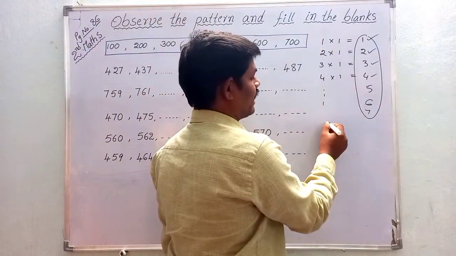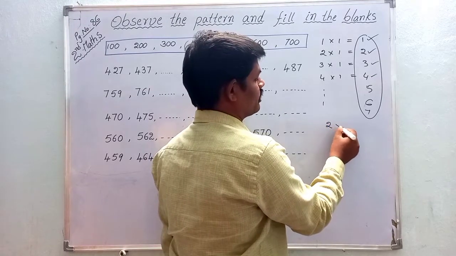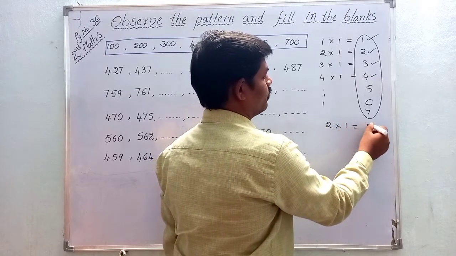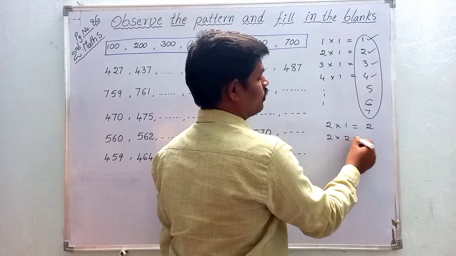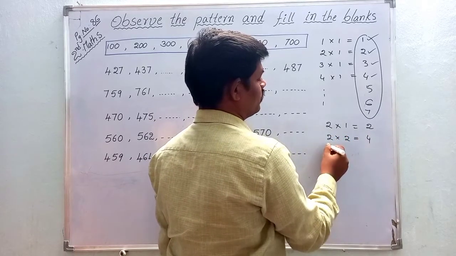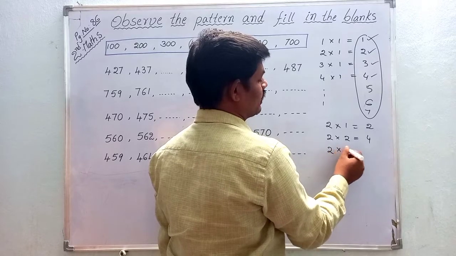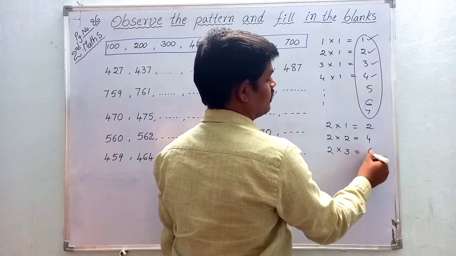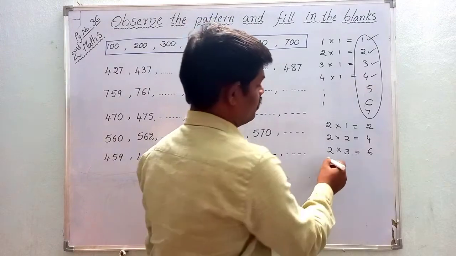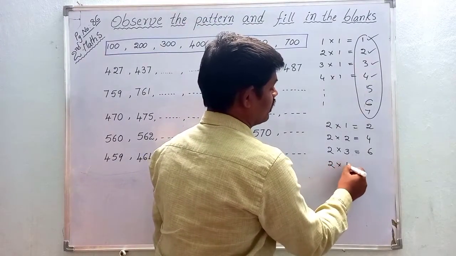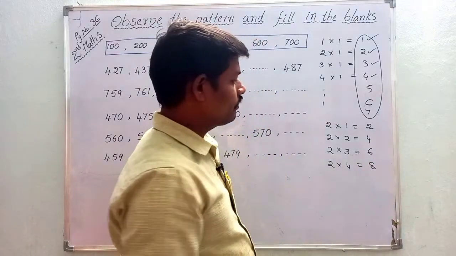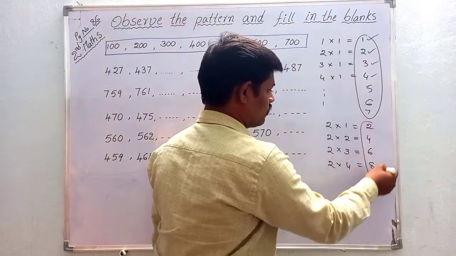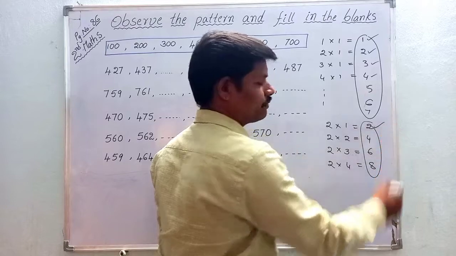Let us see the second table. In the 2 table, 2 ones are 2, 2 twos are 4, 2 threes are 6, 2 fours are 8, and so on. Observe this. First 2.